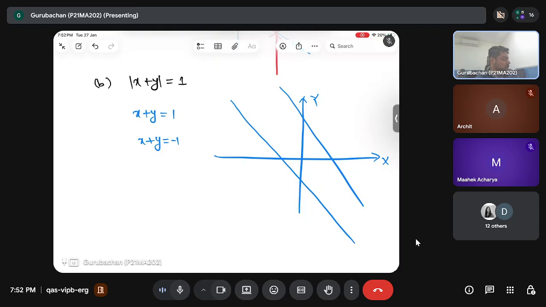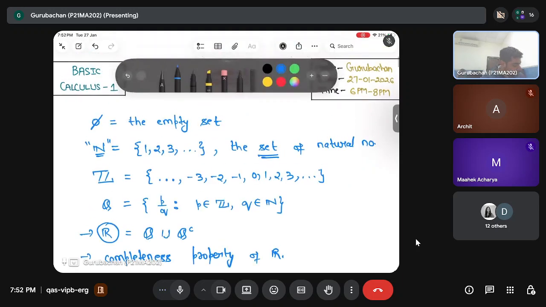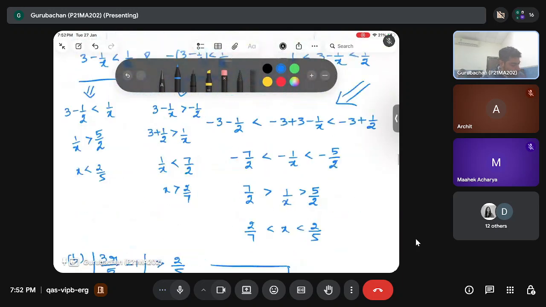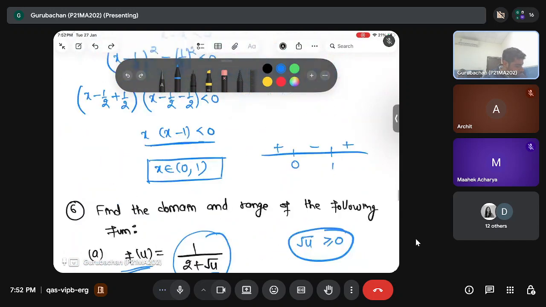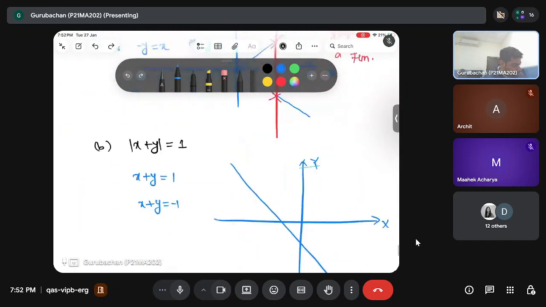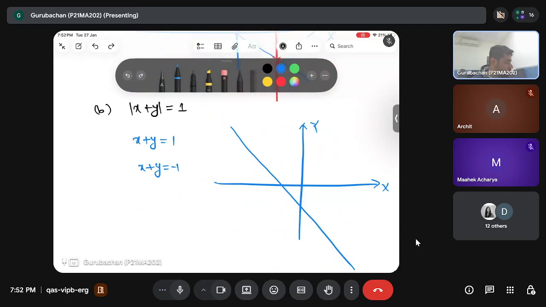So these are parallel lines. So which region, or you can say these are both the lines.